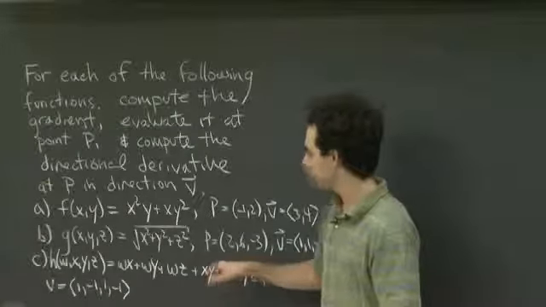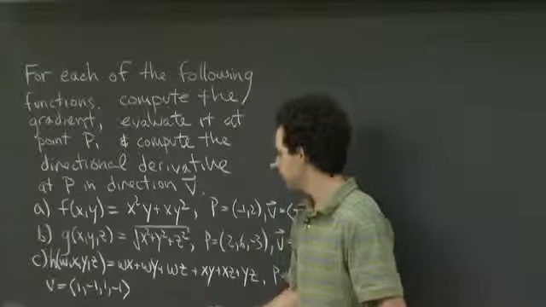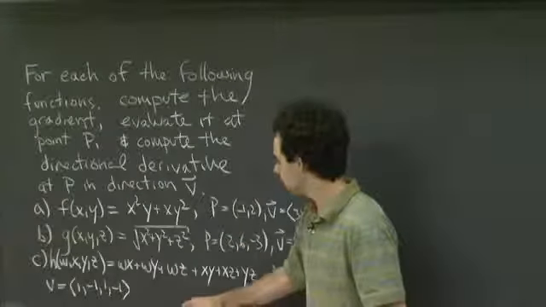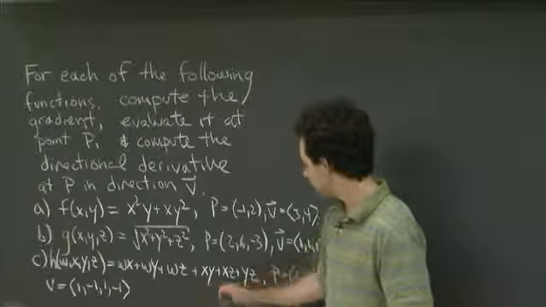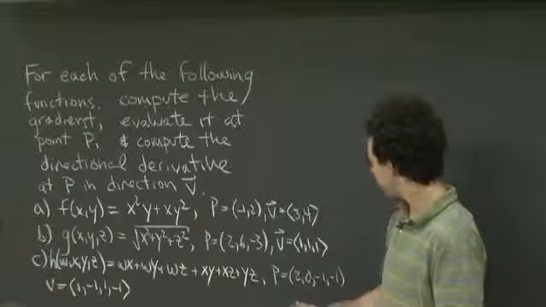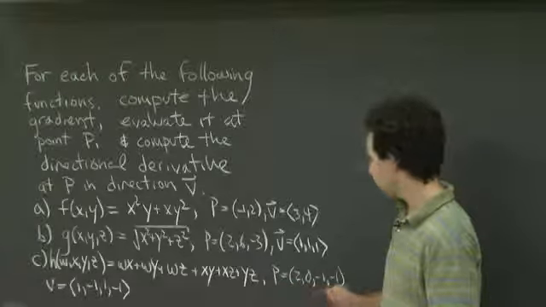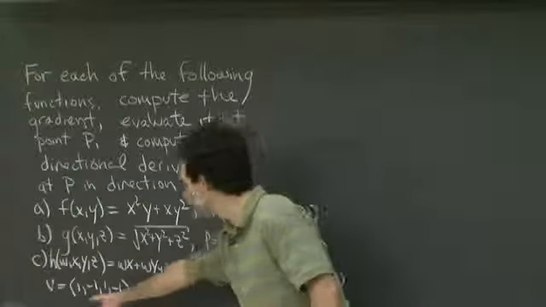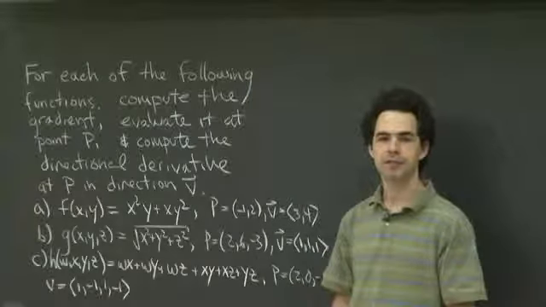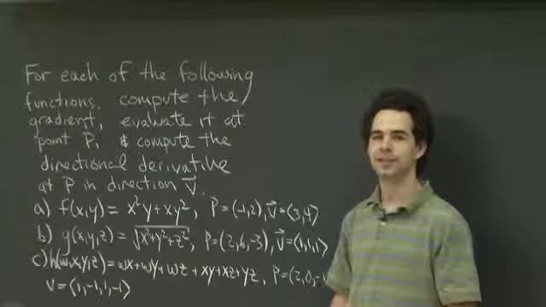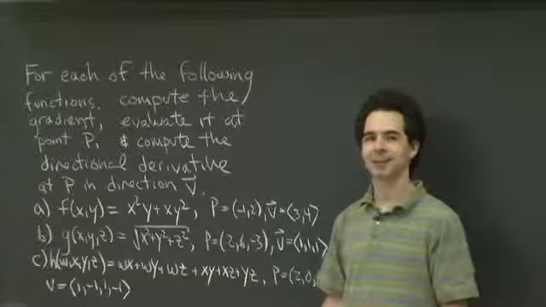And our third example, h, is a function of four variables, w, x, y, and z. It's given by wx plus wy plus wz plus xy plus xz plus yz at the point 2, 0, minus 1, minus 1 in the direction 1, minus 1, 1, minus 1. So why don't you pause the video, take some time to work out these three problems, come back and we can work them out together.